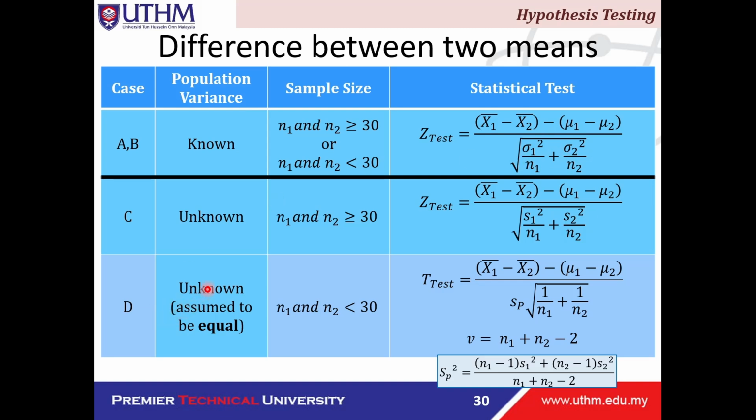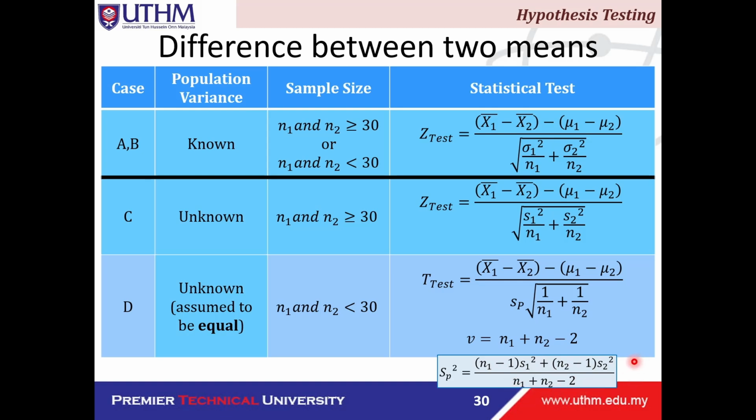Case D: the population variance is unknown and we assume them to be equal, and both N1 and N2 are less than 30. In this case, we need to find the pooled estimated variance, Sp squared, using this formula: N1 minus 1 times S1 squared plus N2 minus 1 times S2 squared, divided by N1 plus N2 minus 2.